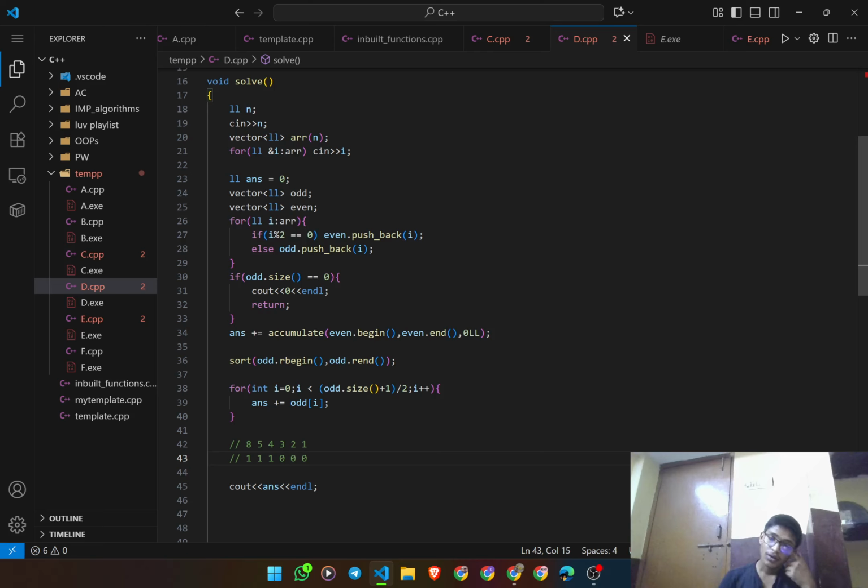So how many have we consumed? As n by 2, the odd size plus 1 divided by 2. So our answer will be plus equal to this 8, 5 and 4 all.